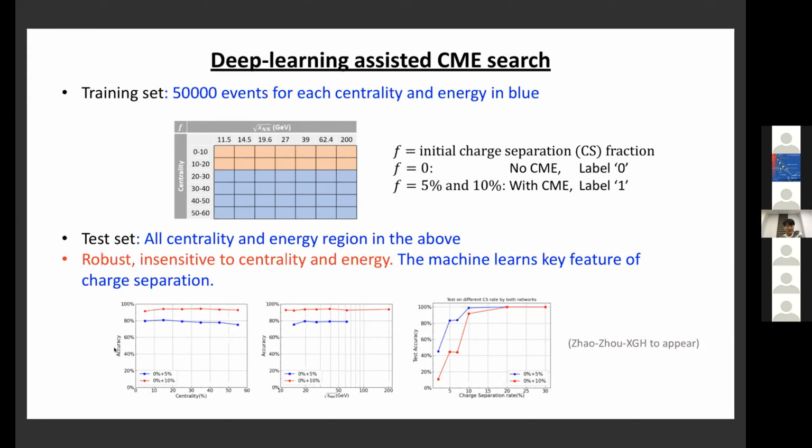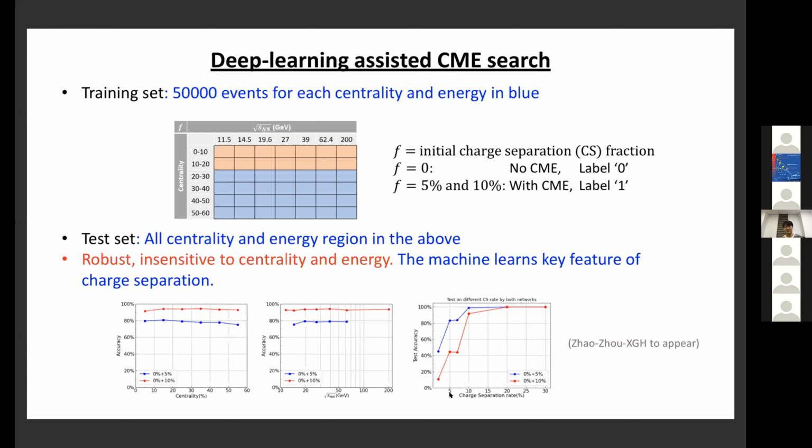As you can see, the machine can indeed learn some key feature of the charge separation. So it can very well recognize whether there is an initial charge separation or not. And this learning is almost independent of the centrality and the colliding energy.